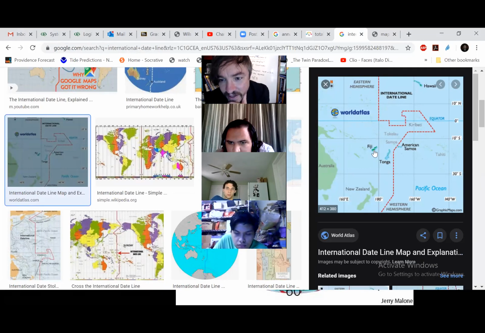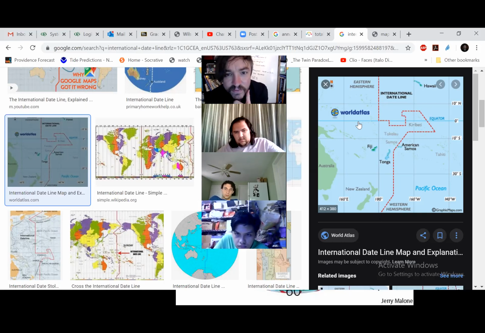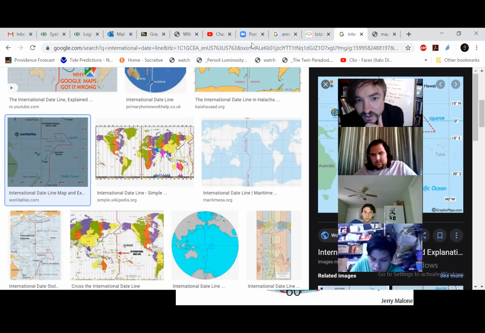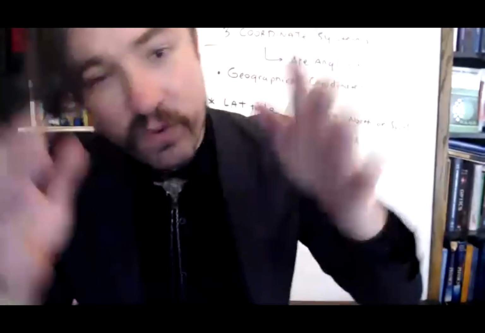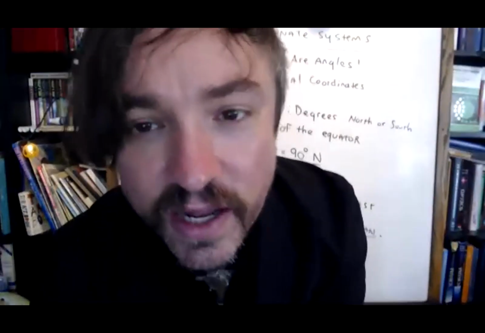It would be very annoying for the postman if it was Tuesday on one side of the street and Wednesday on the other side of the street. That would be unhelpful. So we actually have it wiggle around these bodies. I think that's another reason why the international dateline is structured where it is. It's kind of a very narrow range of longitude where you avoid cutting through any large continental landmass.